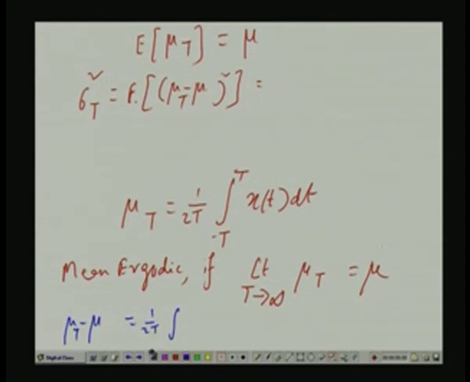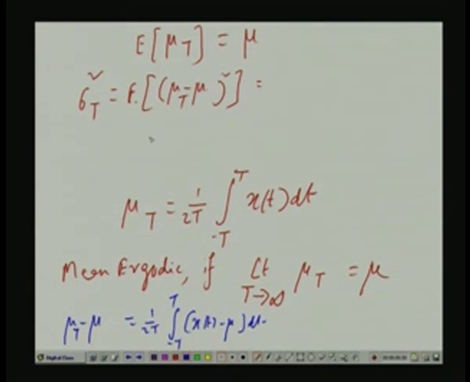What is mu T minus mu? Mu T I know, it is the integral from minus T to T of x(t), and I can also write x(t) minus mu dt. Obviously, because if you take the mu part, mu comes out, the integral gives you 2T, the 2T cancels, so you get back mu. Okay.